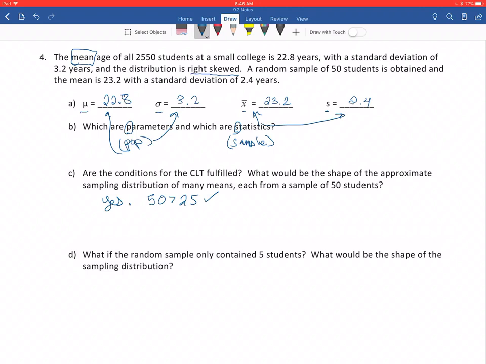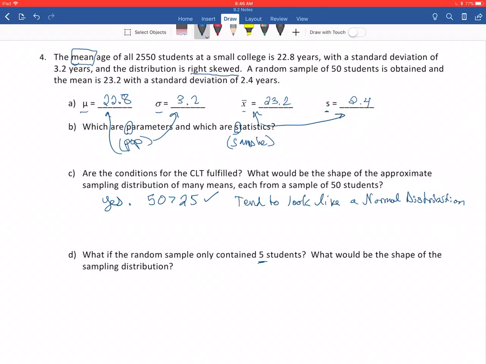So because we meet the CLT, what will this sampling distribution of means look like? It should tend to look like a normal distribution.